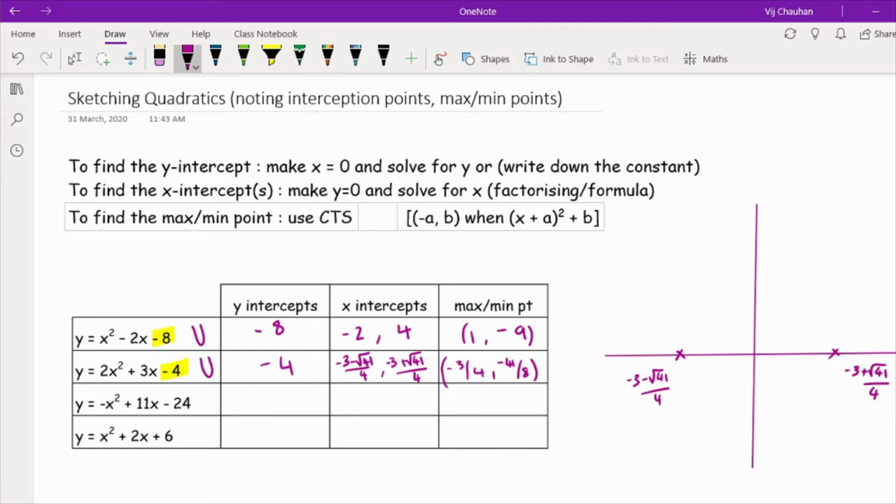I know that the y-intercept for this is going to, so again, to draw in my parabola, like so, and labelling the axes.